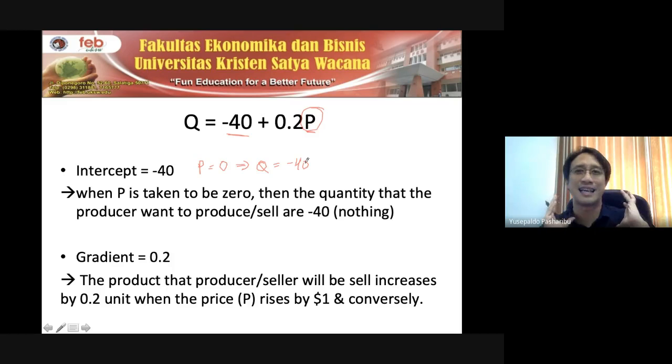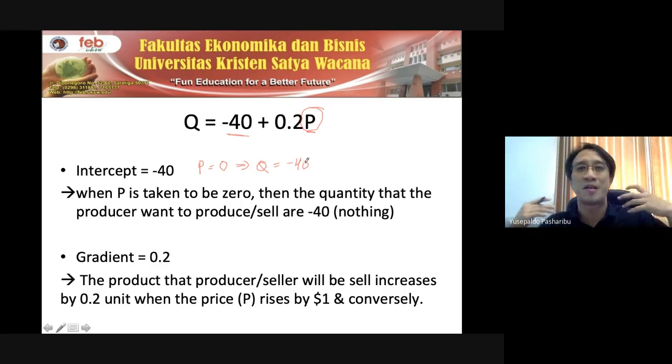In the application of economics and business, we don't want a negative number, because this is not realistic. For example, how many units the supplier wants to sell, minus 40, that's impossible.